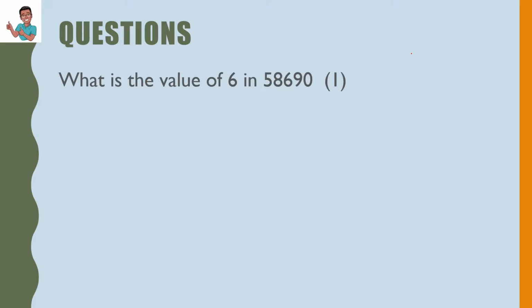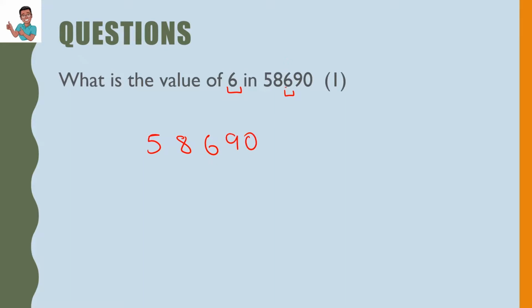Let's have a look at a question. What is the value of 6 in 58,690? This question is worth 1 mark. Now, let's see the steps that we did before. We're looking for 6, and we can see the 6 here. Let's write down this number, 5, 8, 6, 9, 0.